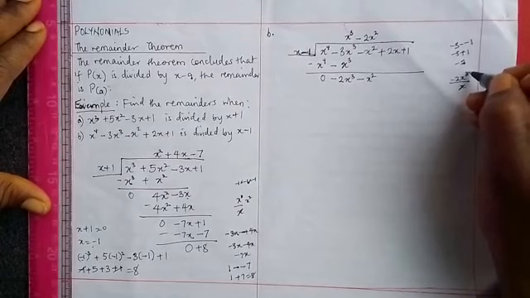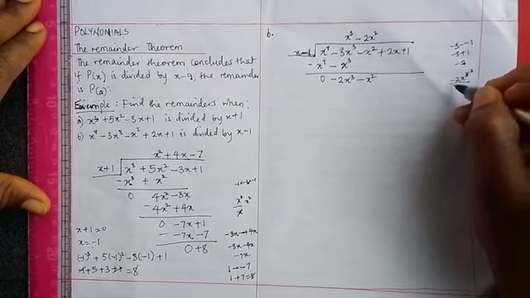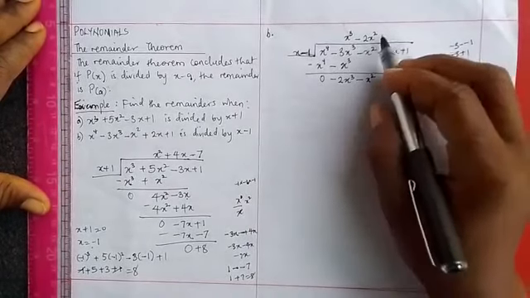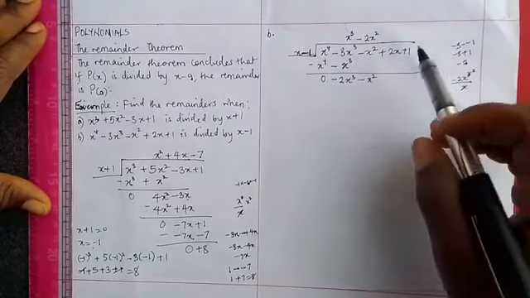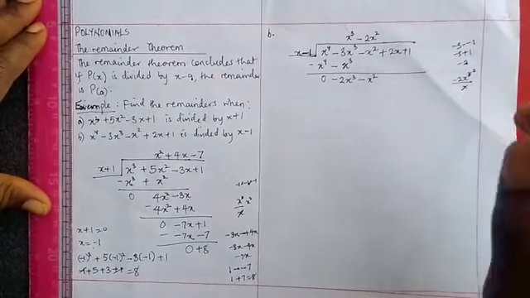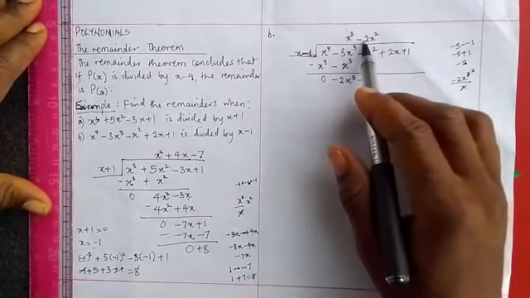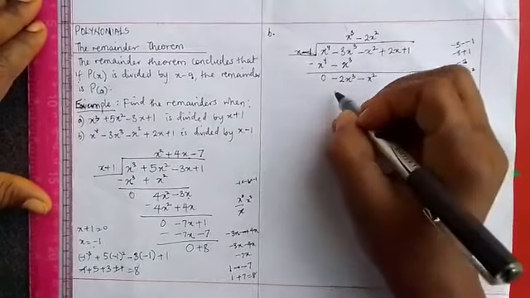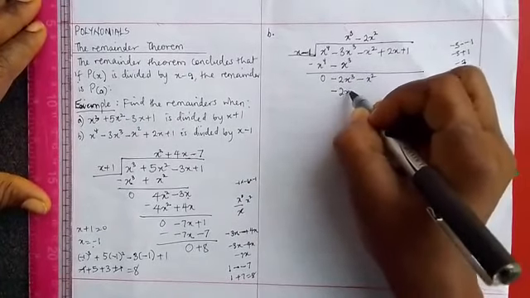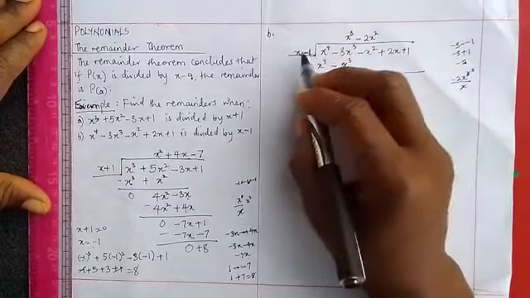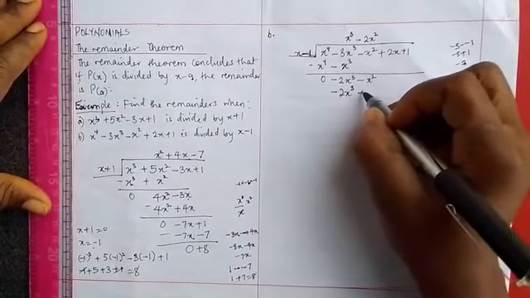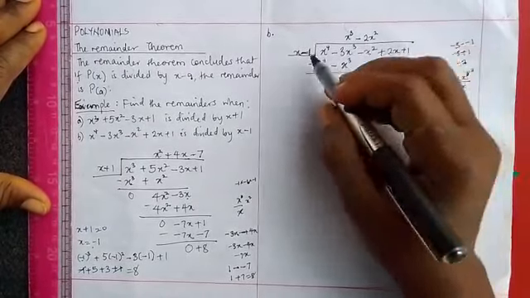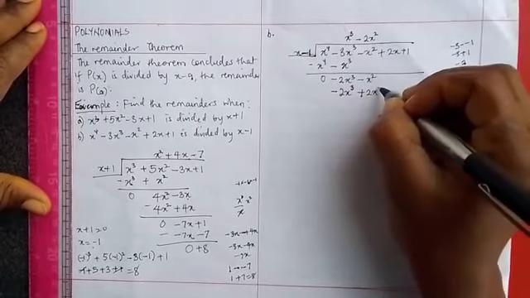When you remove one x, what remains is 2. That's how you get it. Okay, so after that you multiply. Minus 2x squared multiplied by this, minus 2x cubed. Minus times minus is plus 2x squared.